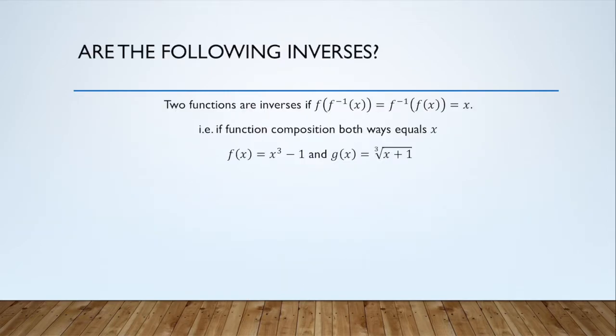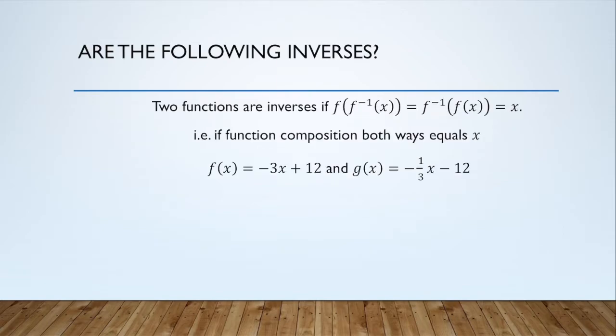So let's see if these two functions are inverses. To determine if they're inverses, we're going to have to do function composition both ways and see if we get x. If we don't get x for one of them, we can stop, and then we know they aren't inverses. So if I have f composed with g of x, that's -3 of -1/3 x minus 12, plus 12.